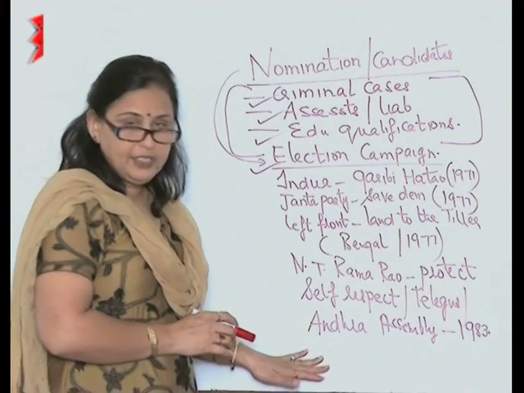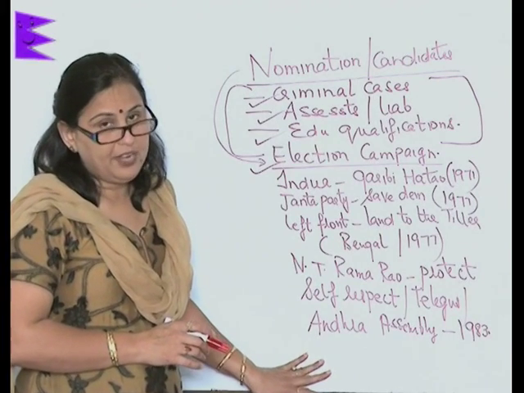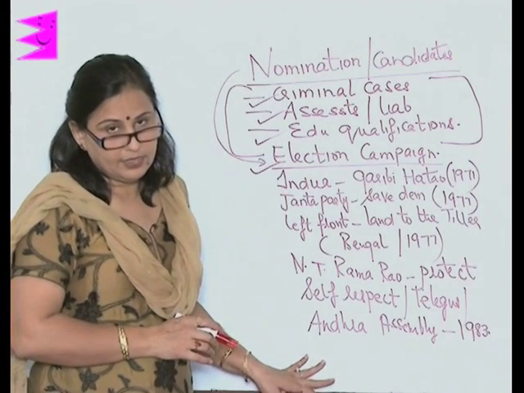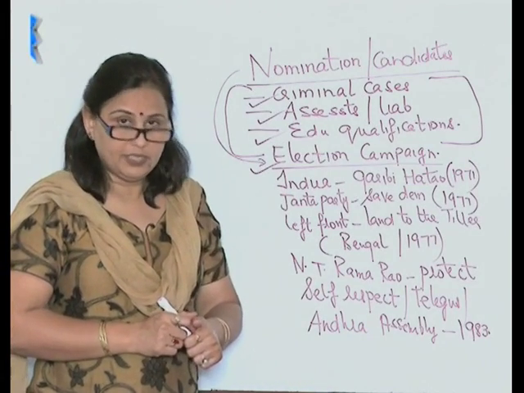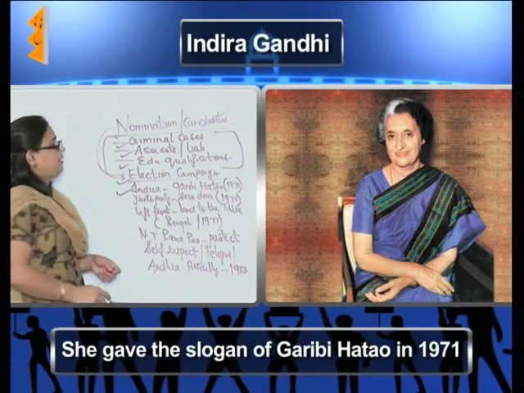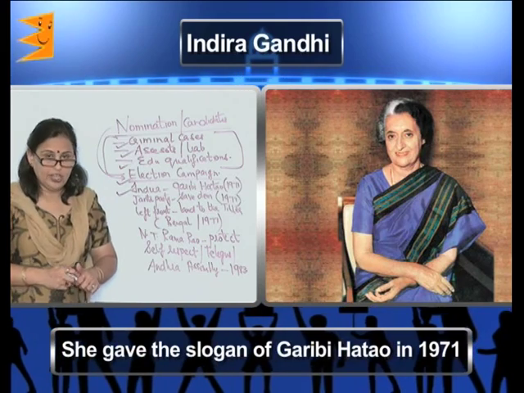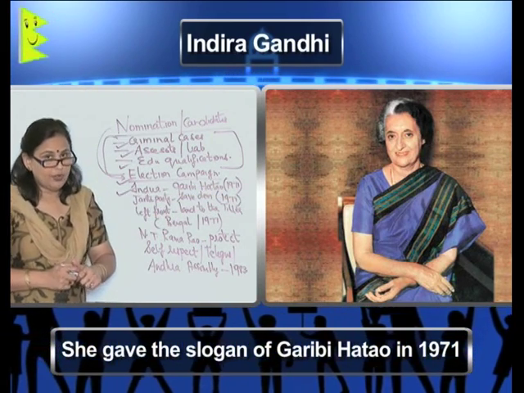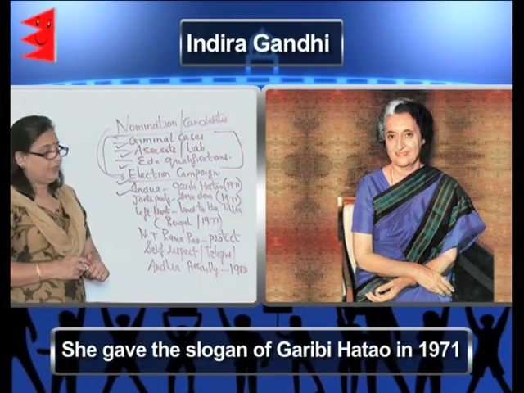Various leaders and political parties have tried to lure their voters by giving various slogans. If I talk about some of them, Mrs. Indira Gandhi, the Prime Minister of India, during the general elections of 1971, gave the slogan of Garibi Hatao.